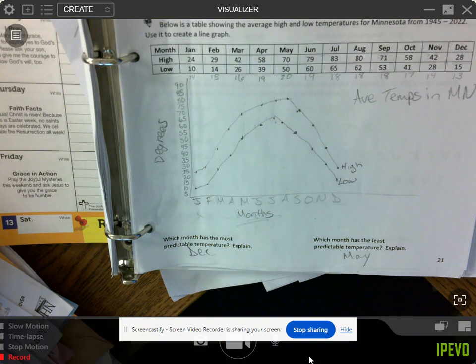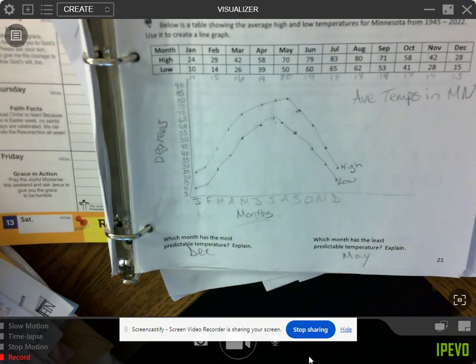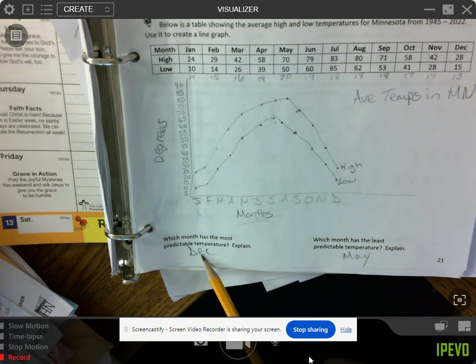Which month has the most predictable temperature? December. Why would it be December? Can anybody tell me? Why would December be the most predictable? Wait, but I said January. Tell me why.